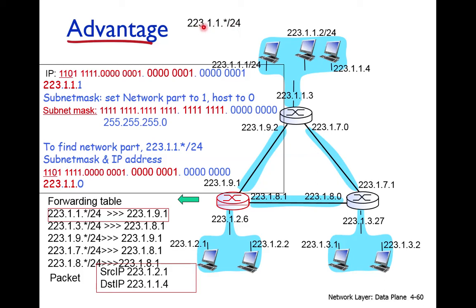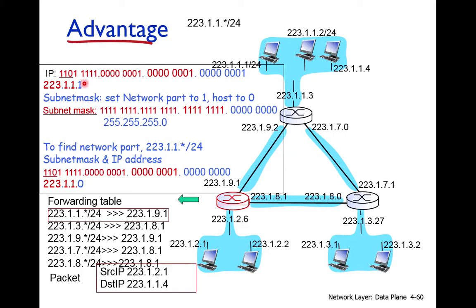So how is this network number computed? It can be computed from the IP address, suppose 223.1.1.1, and the subnet mask 255.255.255.0. It is very easy to find the network part of an IP address with a given subnet mask. We just have to perform the AND: the IP address is ANDed with the subnet mask.